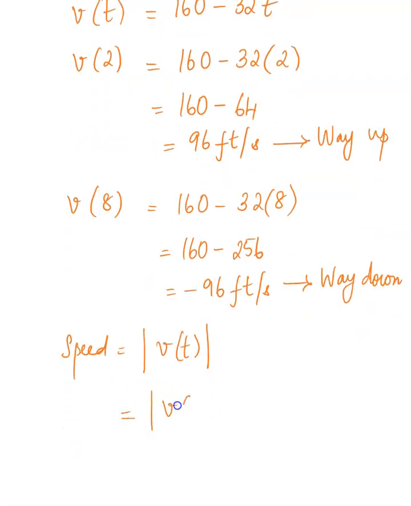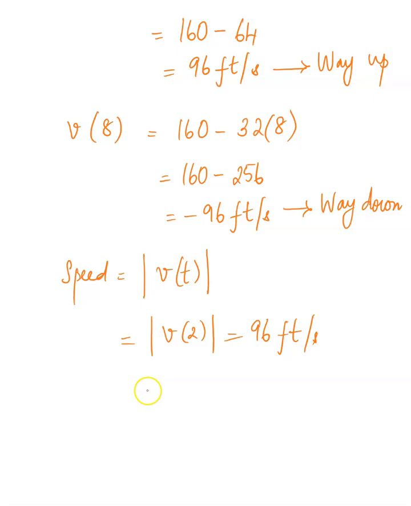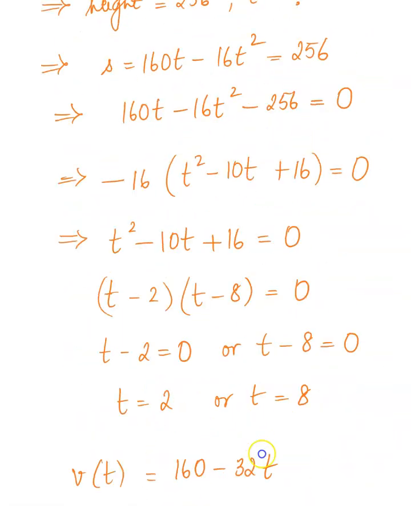So absolute value of v of 2 gave us 96 feet per second, as well as absolute value of v of 8 would also return a positive value of 96 feet per second. Okay. So we got these two.